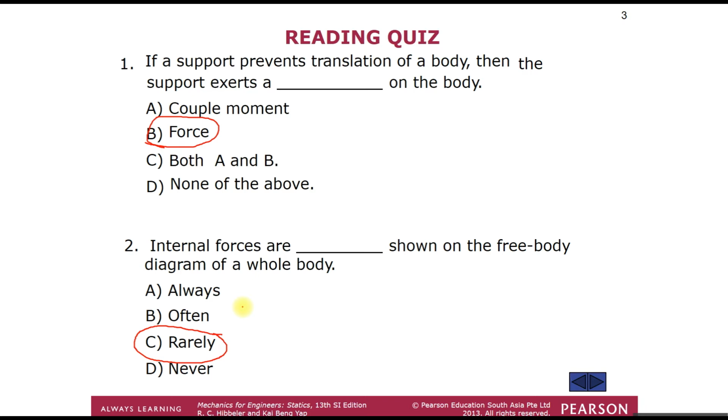For example, a tire placed on a car, which is placed on the road: that tire with its own internal pressure, we rarely show on the free body diagram, because we can say everything is in equilibrium. Sometimes rarely goes to never, but it depends on the case. We only consider external forces acting on the rigid body.